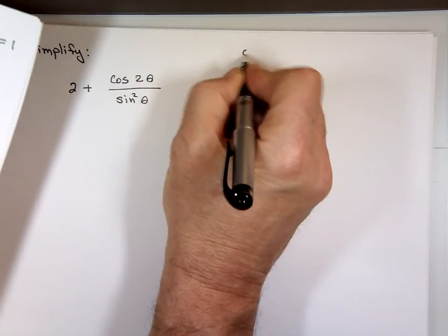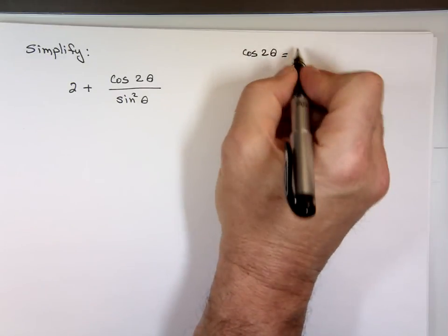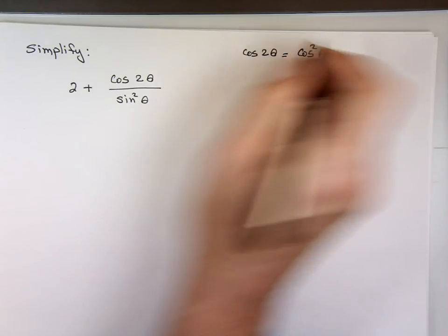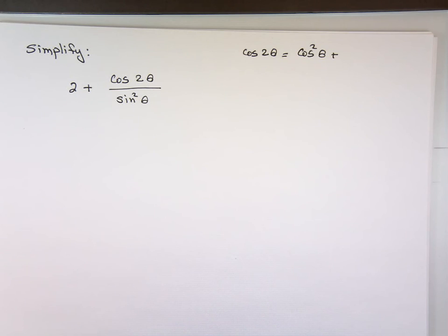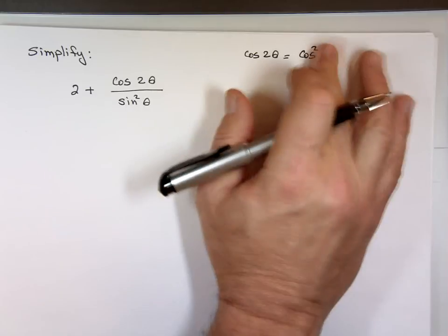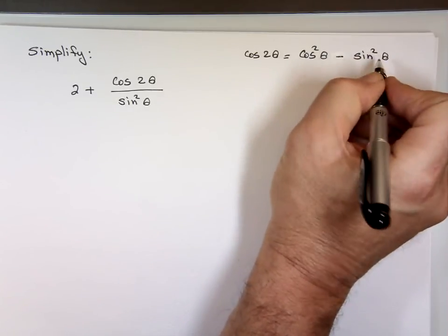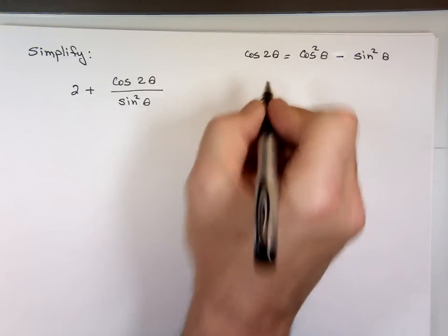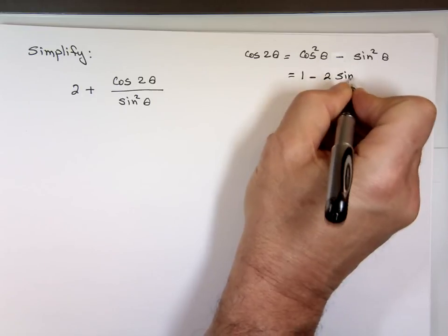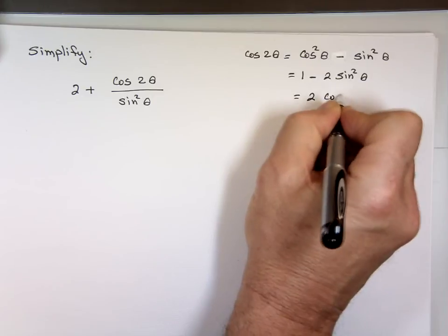Cosine 2 theta is equal to cosine squared theta minus sine squared theta. Or I can use 1 minus 2 sine squared theta. Or I can use 2 cosine squared theta minus 1.